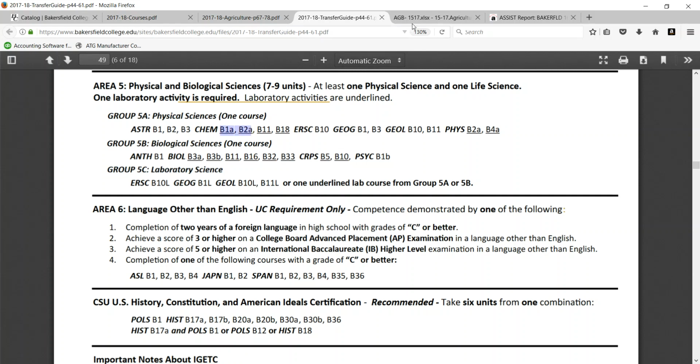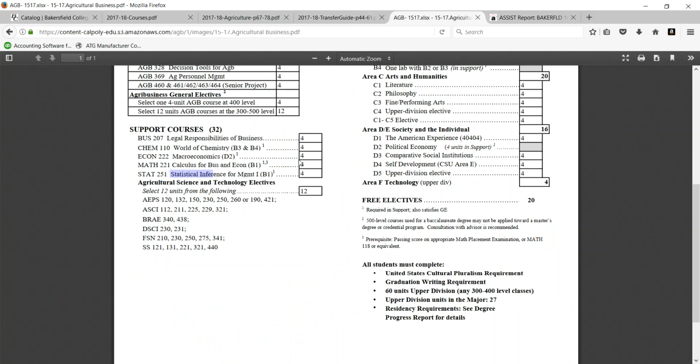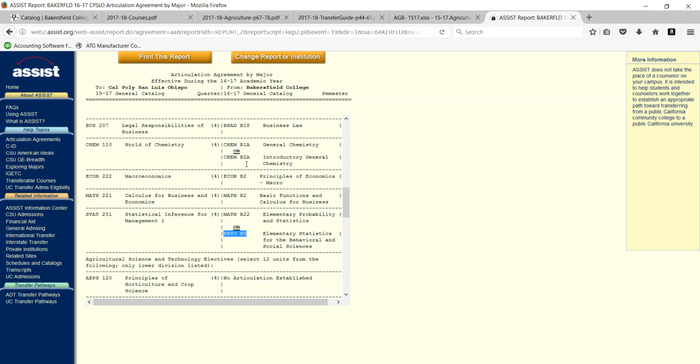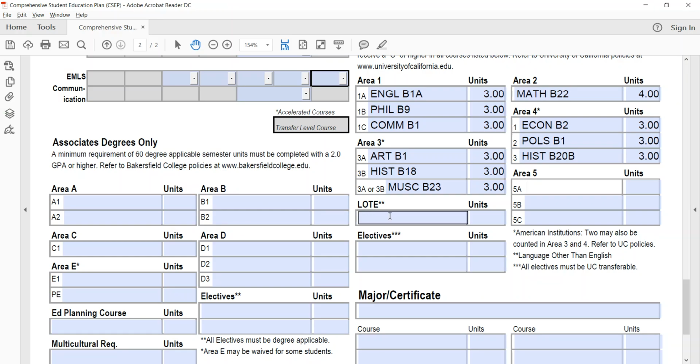I'm pretty sure that's a requirement for a ag business degree at Cal Poly, which it is. So I'm looking for Chem 110, which is right here. So for their chemistry class, we can take Chem 1A or Chem B2A, and it is equivalent to what they offer. So I'm going to take Chem B1A.